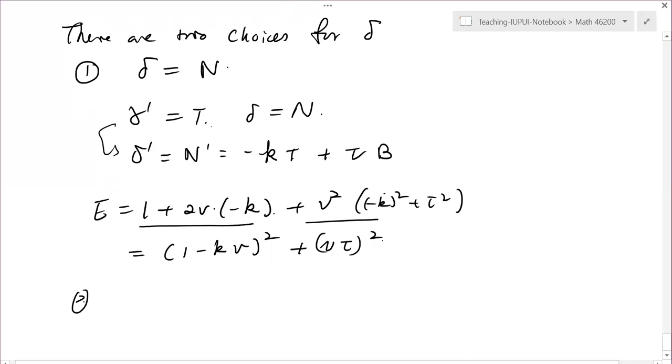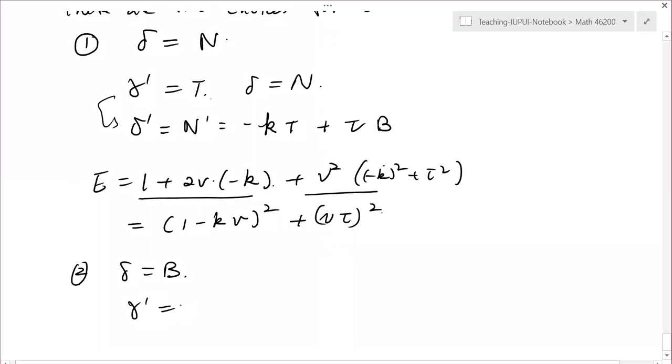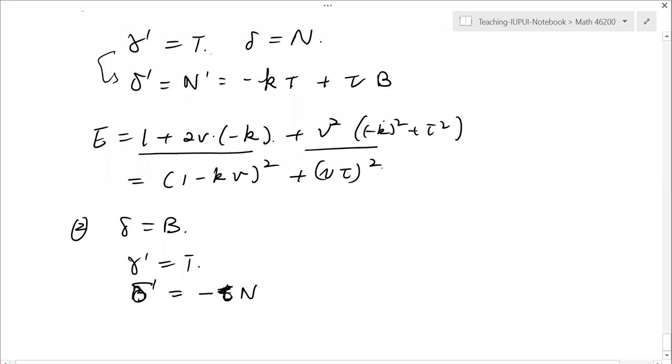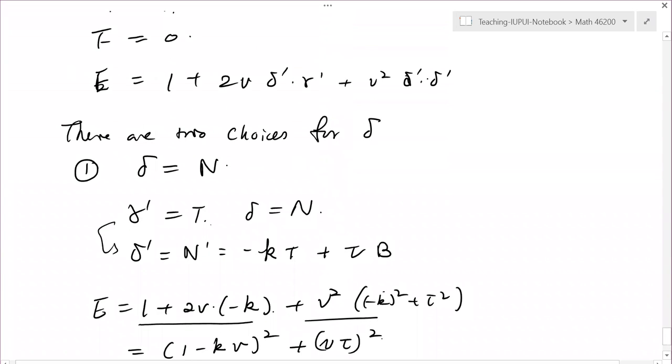The second case is when the delta is B. If delta is B, gamma prime is T, but delta is B, so delta prime is going to be negative tau N. Let's go back to our computation.